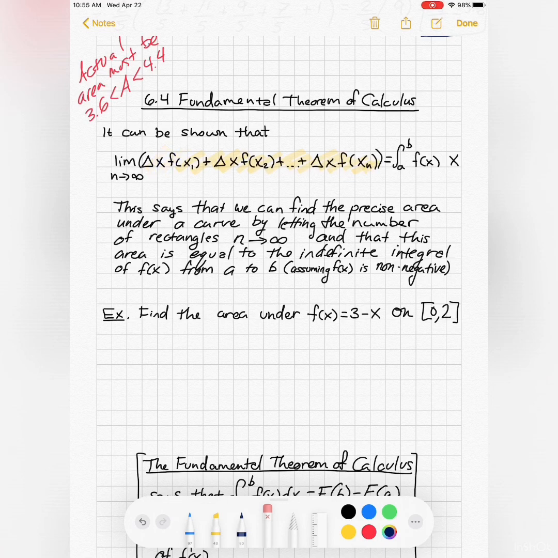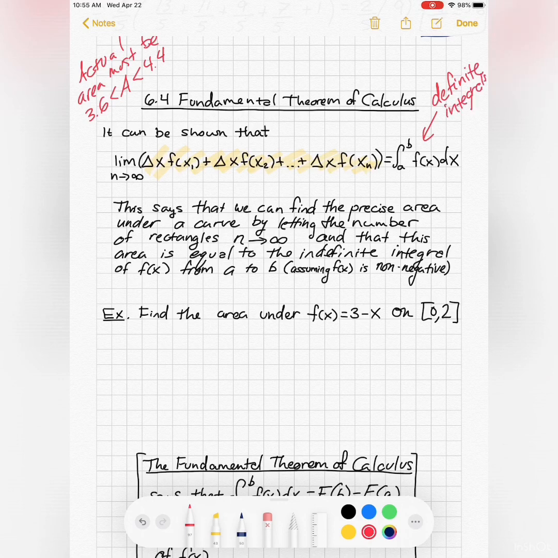And so it turns out that this limit is equal to the integral, and this is called a definite integral. Okay, definite. So far we've been looking at indefinite integrals.